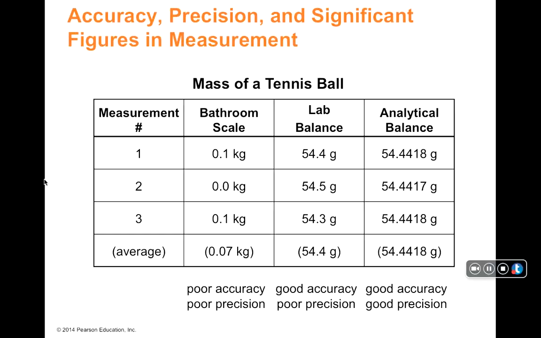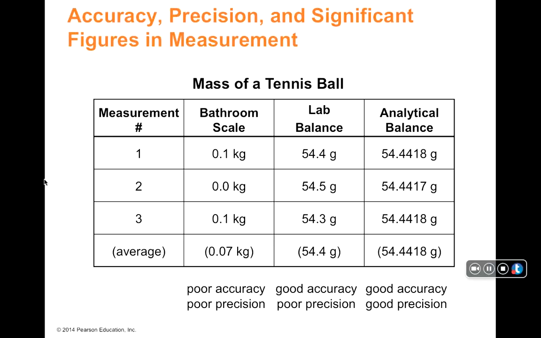So here's just an example. This is showing a mass of a tennis ball using 3 different types of ways to get that mass: a bathroom scale, a lab balance, and an analytical balance. And what you can see is that there are different numbers of significant figures in each. There are 2 significant figures that the bathroom scale can report to.